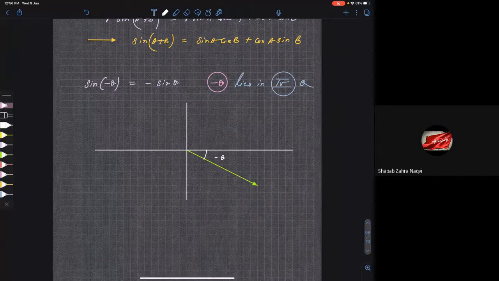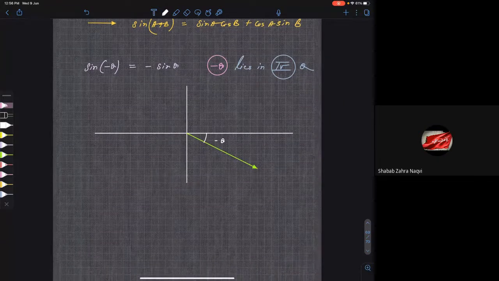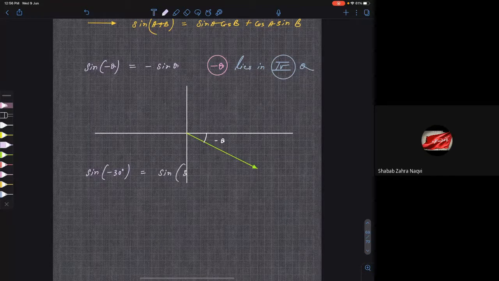I'll explain. Don't worry. For example, sine of minus 30 degrees is equal to sine of 330 degrees. Do you agree?